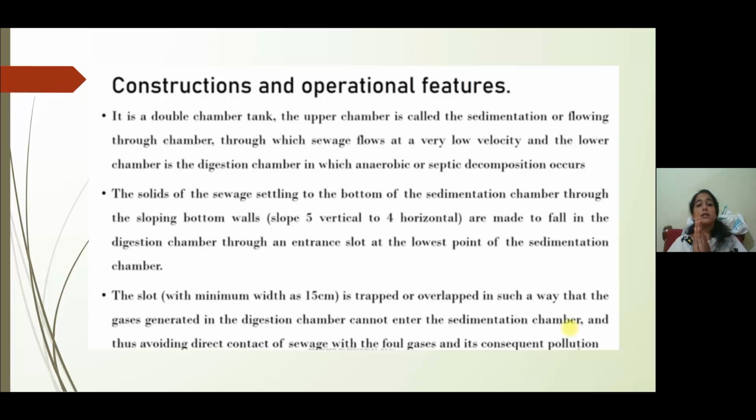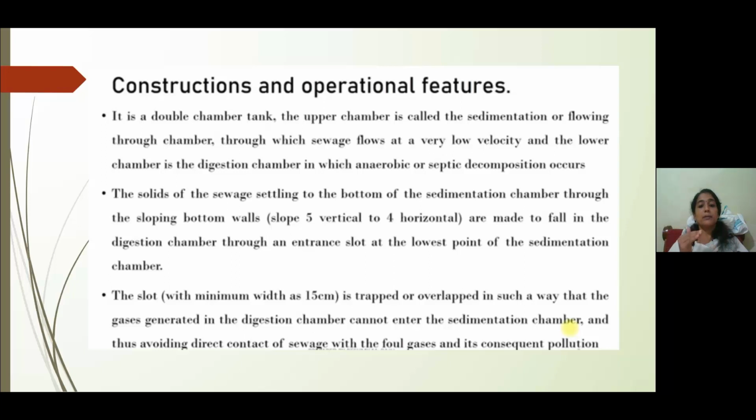The solids of the sewage settling on the sloping bottom walls, with a slope of 5 vertical to 4 horizontal, fall into the digestion chamber through an entrance slot at the lowest point of the sedimentation chamber.